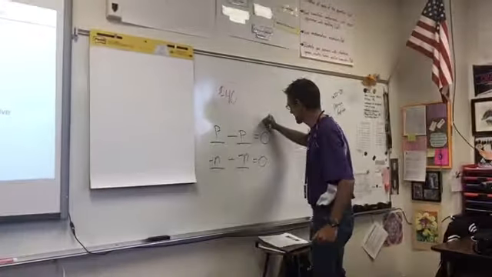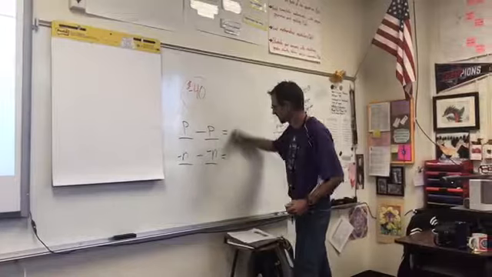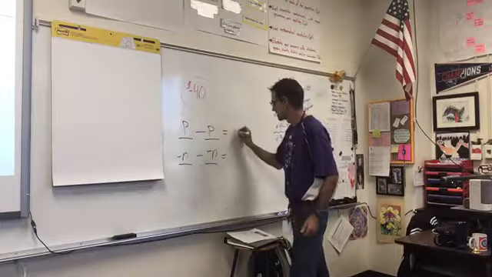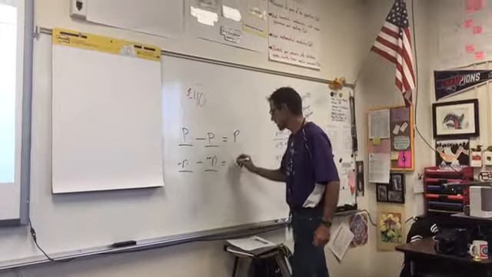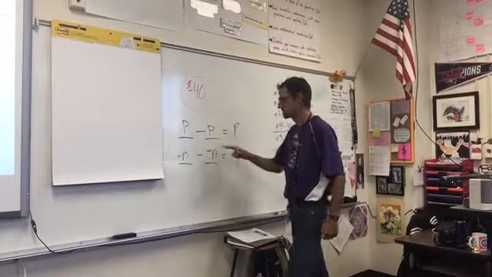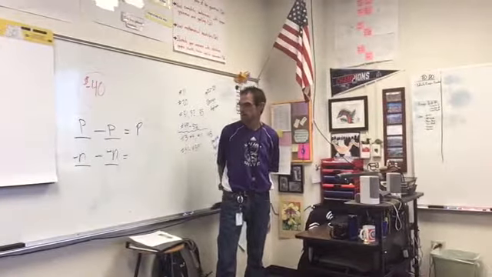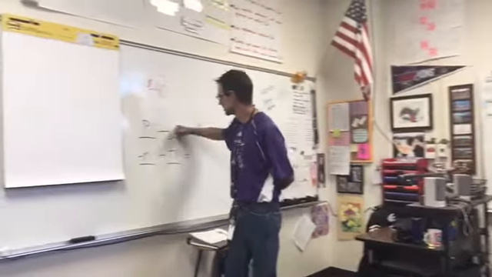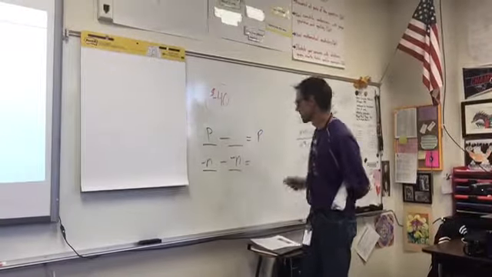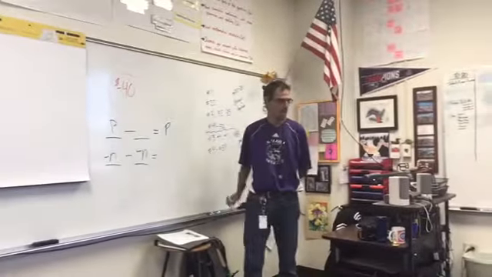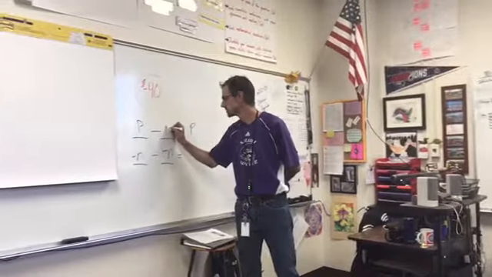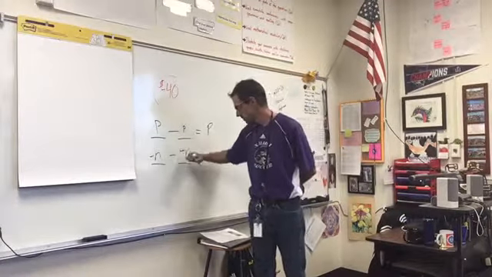So what about if I want a positive number over here? I want a positive number as my answer. What has to happen here? Talk to your partner. A bigger positive minus a bigger negative. Or a positive minus negative.